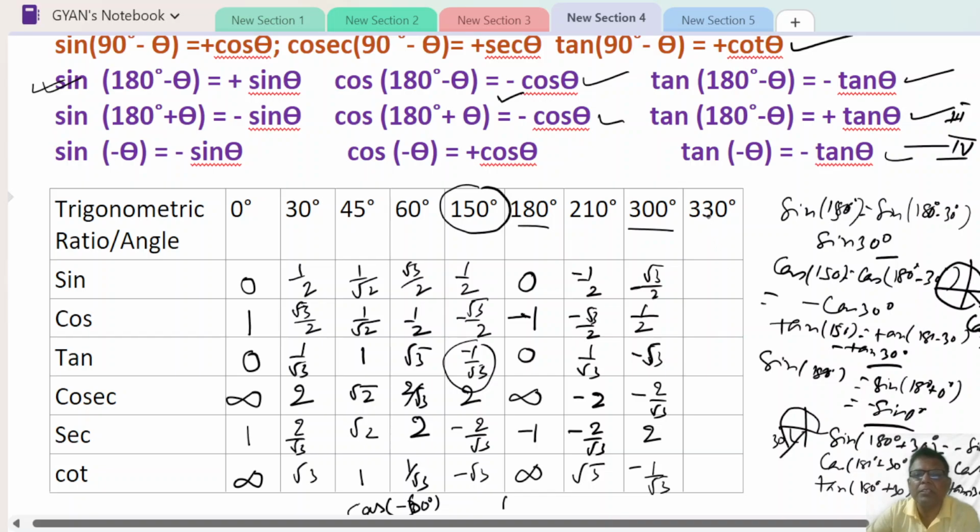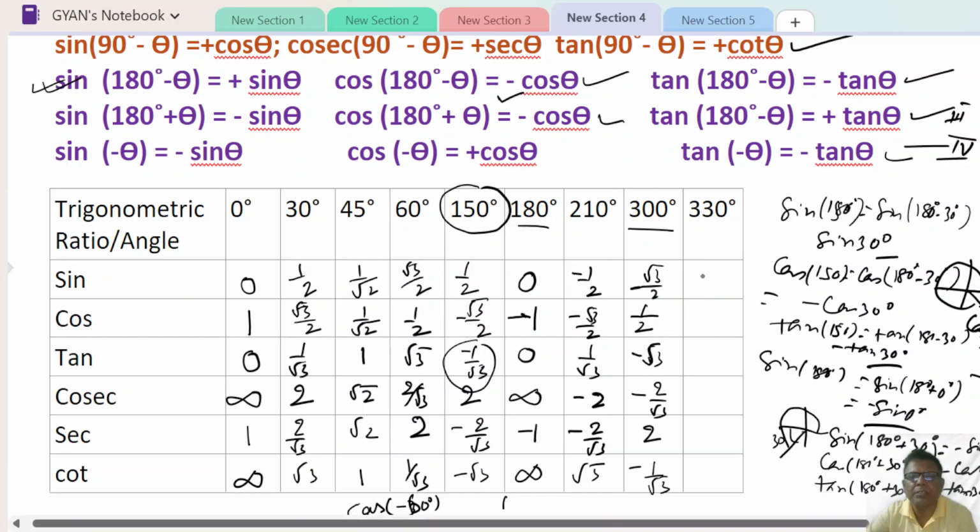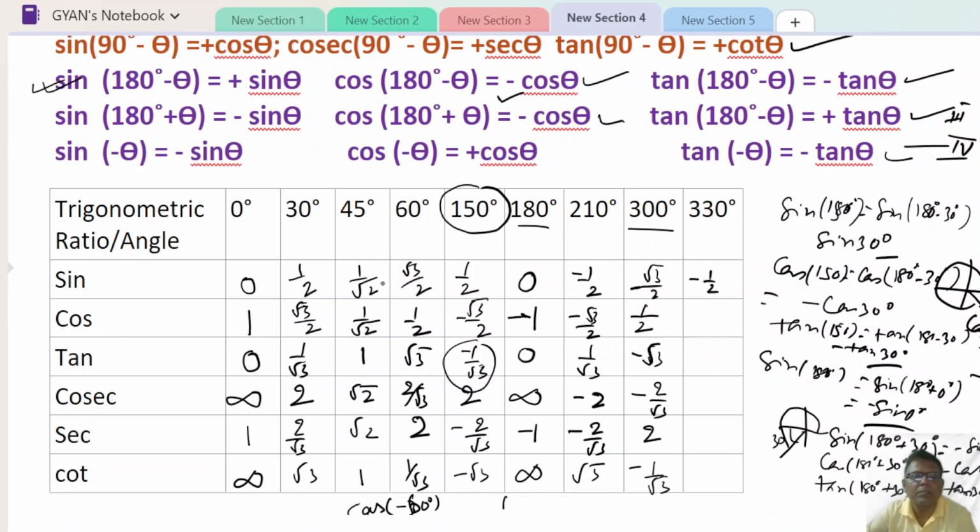Now come to the 330. 330 means here, so this angle will be 30 degree. So here again you take minus 30. So sine minus 30 is minus sine 30, and sine 30 is minus half. Cos is plus root 3 by 2. Here minus root 3 by 2.